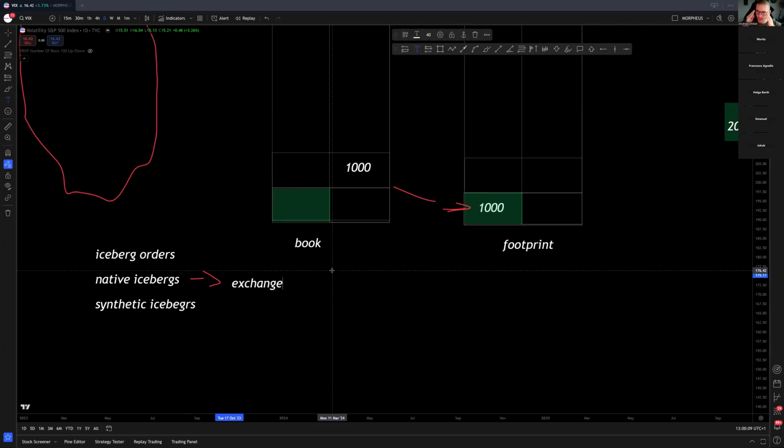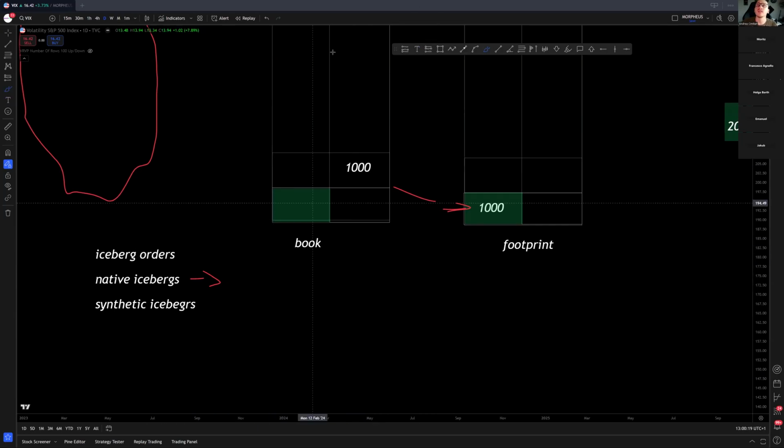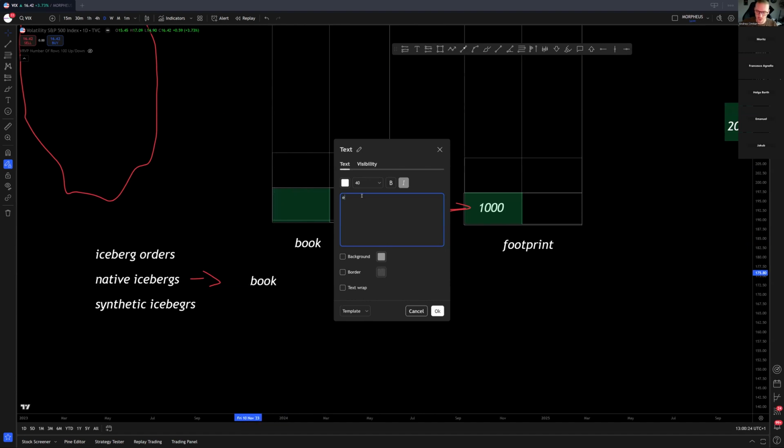So you, as, I don't know, JP Morgan, I'm just saying, tell the exchange, I want an iceberg, you create it for me. Okay, JP Morgan, I'll create this iceberg for you. So that's the exchange.